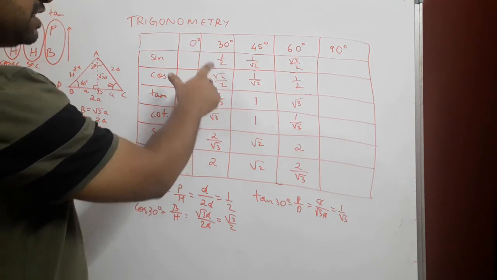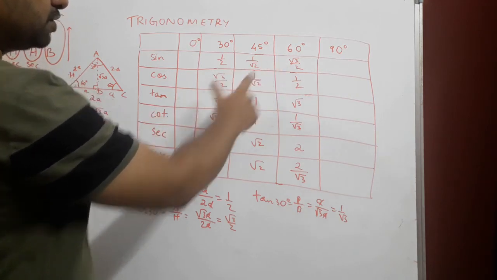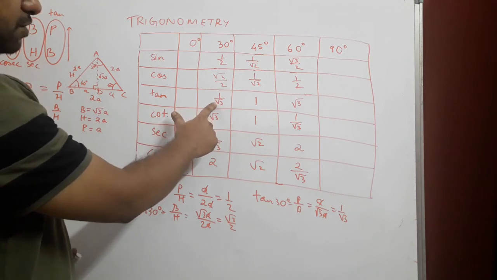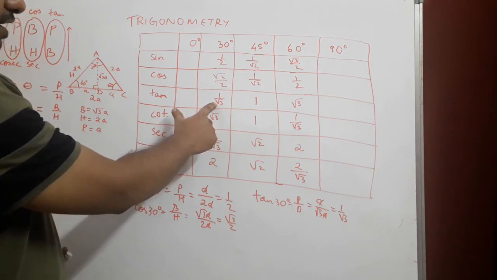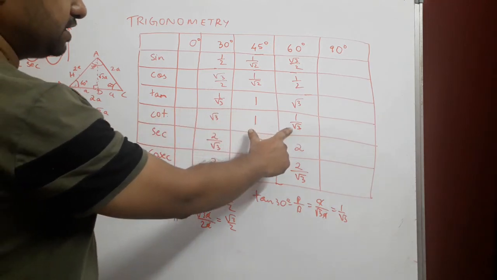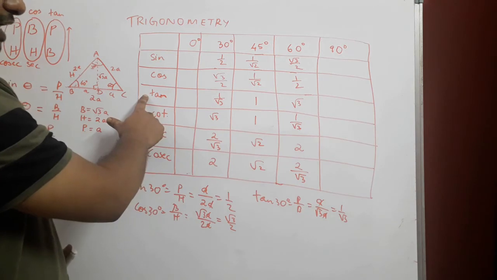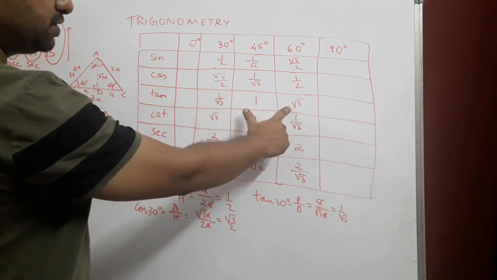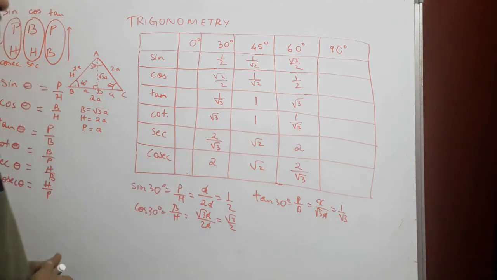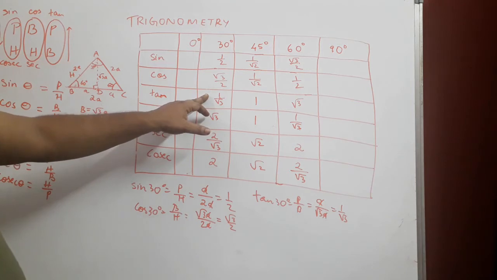You see, these are opposites: half, half, root 3 upon 2, root 3 upon 2. Similarly, look at tan. Tan of 30 degrees is 1 upon root 3, but cot of 60 degrees is also 1 upon root 3. Tan of 60 degrees is root 3 and cot of 30 degrees is root 3. They are opposites of each other.